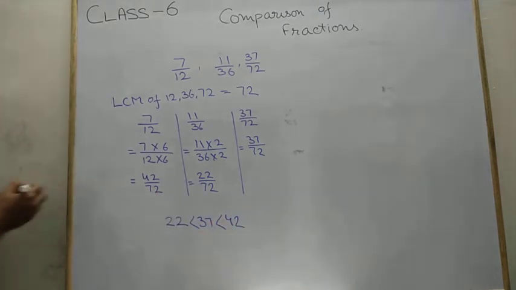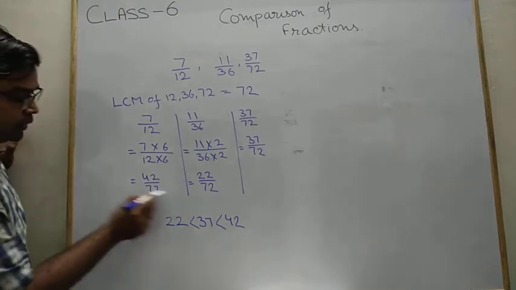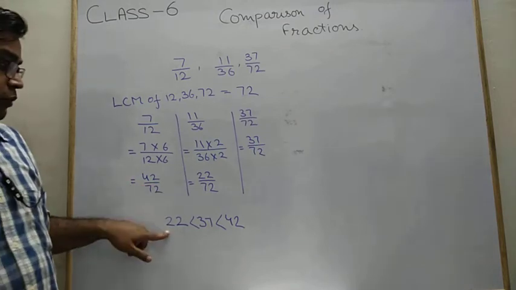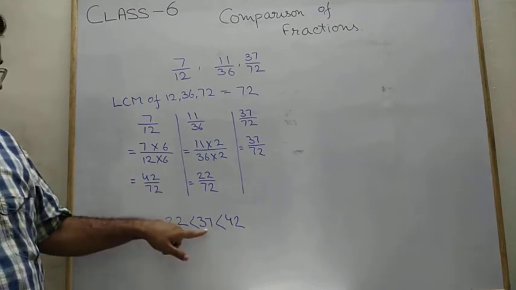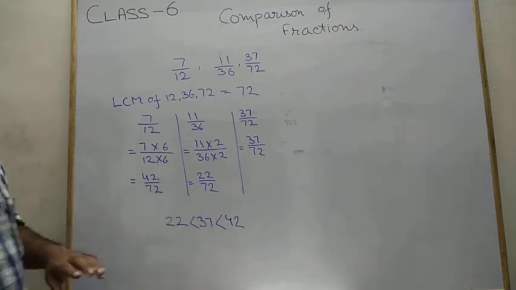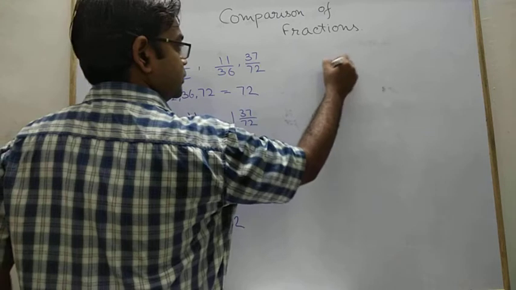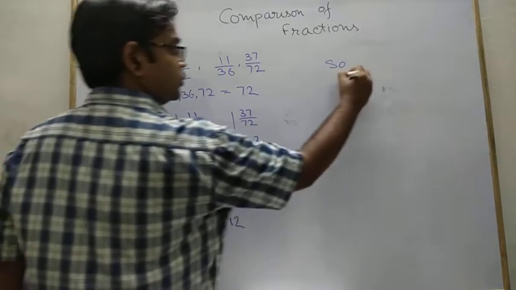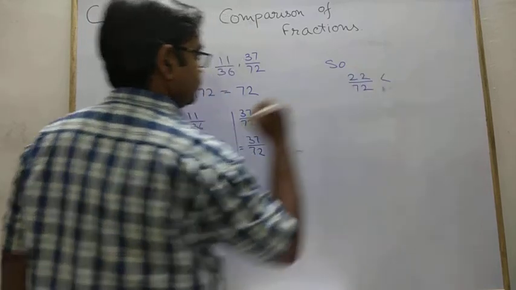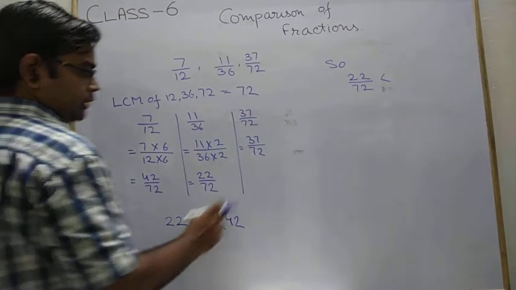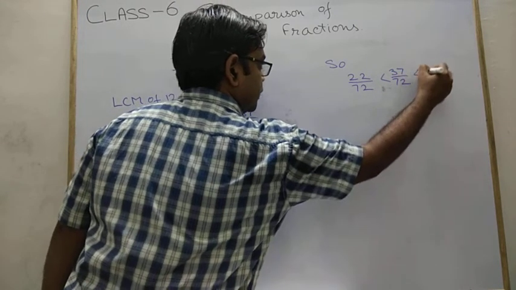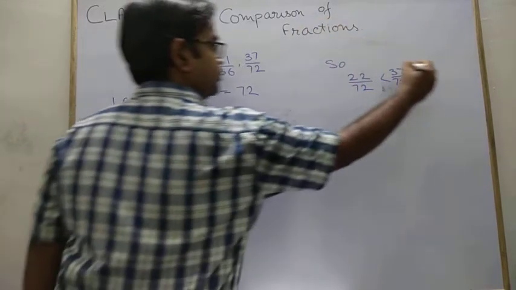So from this we can easily compare that in like fractions, the one with the greater numerator is greater. 22 is smaller, 37 is greater than 22 and 42 is greater than 37. So we can say that 22 upon 72 is smaller than 37 upon 72, which is smaller than 42 upon 72.